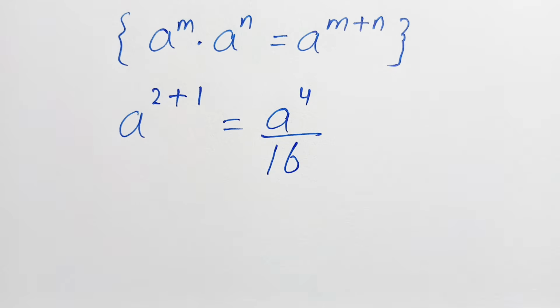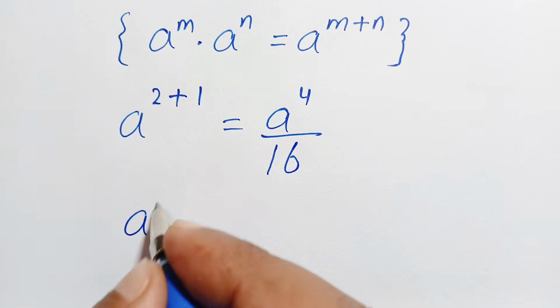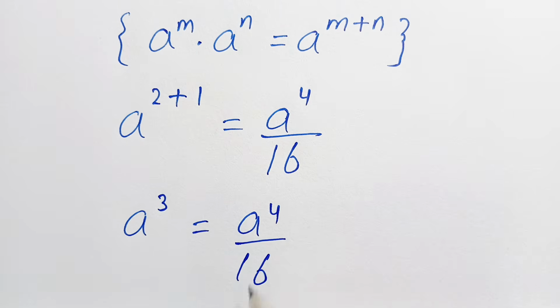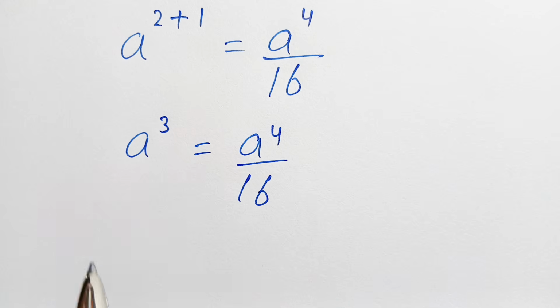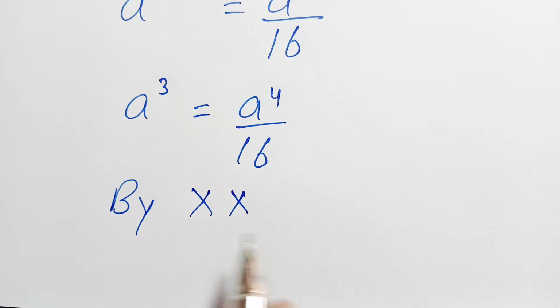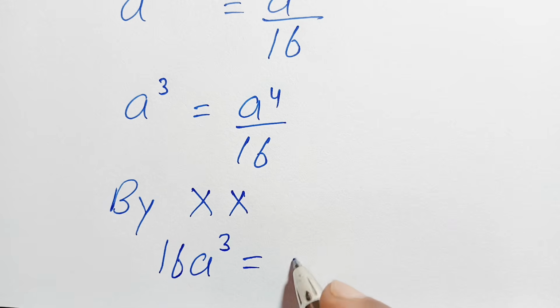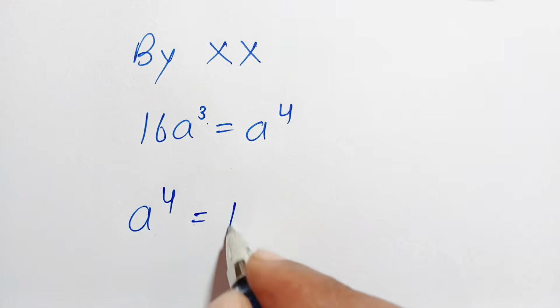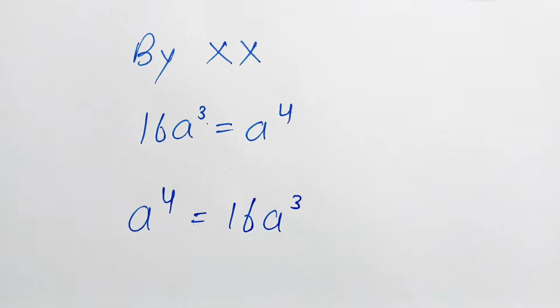Next, this becomes a cube is equal to a to the 4 by 16. Next, by cross multiplication, we have 16a cube equal to a to the 4. We can write this as a to the 4 is equal to 16a cube.